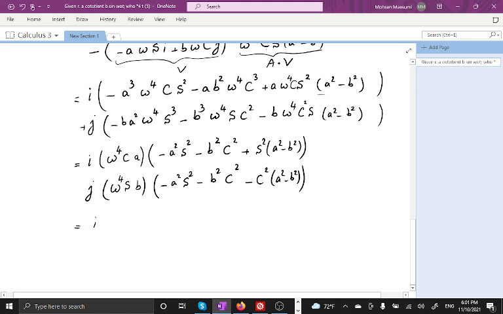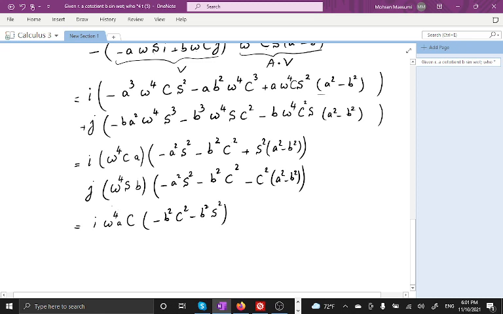One more round. I omega to the 4, let me write a first, c, minus a squared s squared plus a squared s squared, so they cancel out. I have minus b squared c squared and minus b squared s squared here.